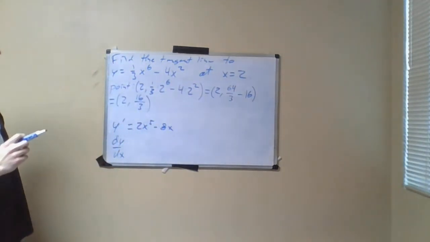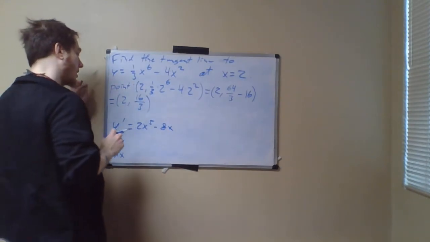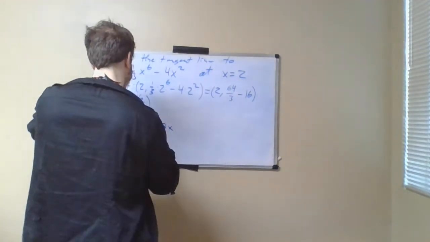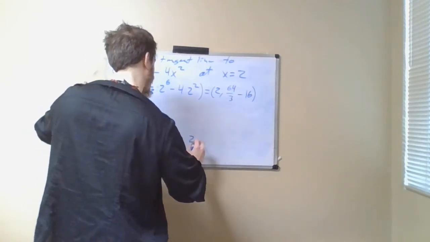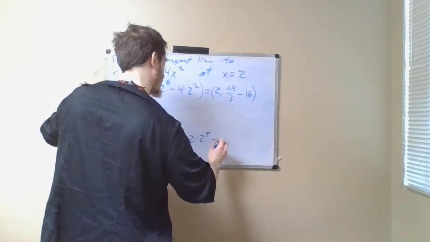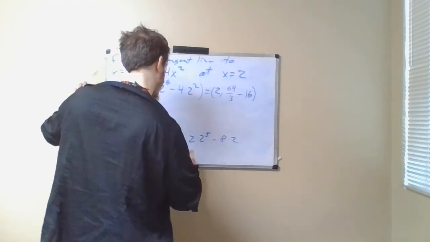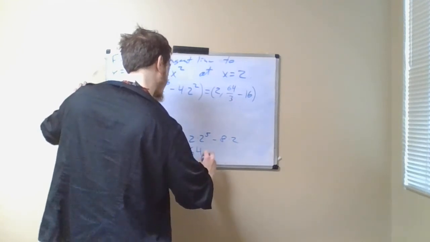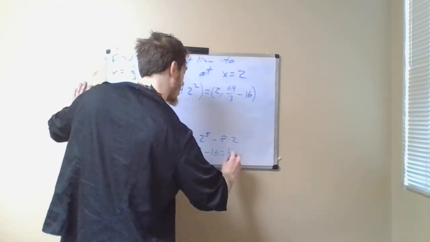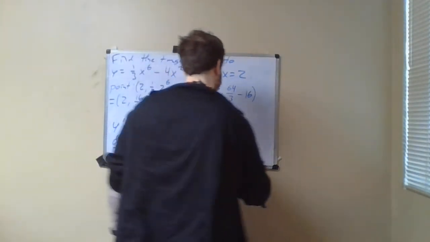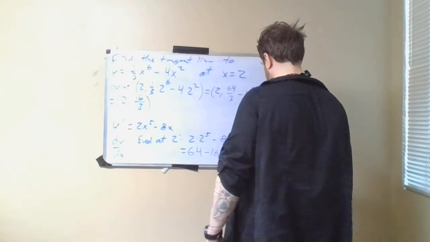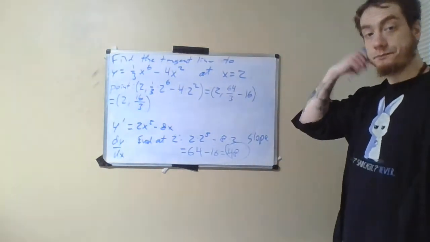So we have 2x to the 5th minus 8x. So if I evaluate at 2, I'm going to have 2 times 2 to the 5th minus 8 times 2. Well, this is going to be 64 minus 16, which is 48. So this is going to be my slope for my tangent line.